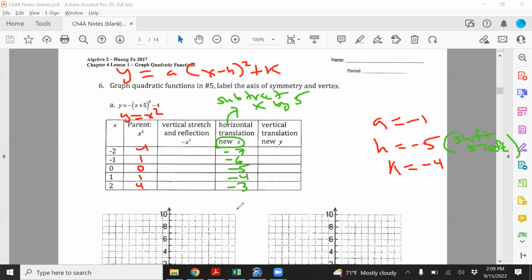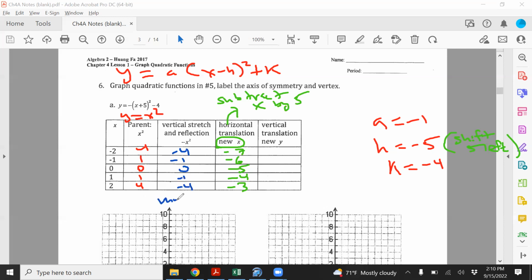Now the y coordinates. Here's what happens to the y coordinates. If you multiply the y coordinates by -1, you get -4, -1, 0, -1, and -4.